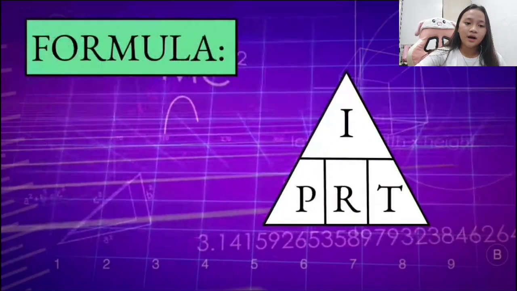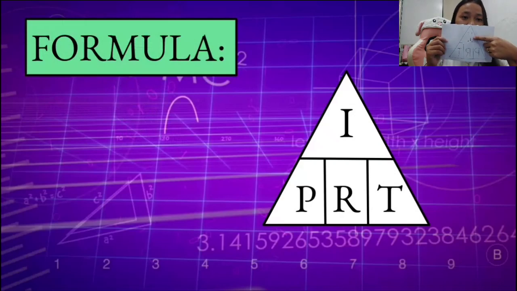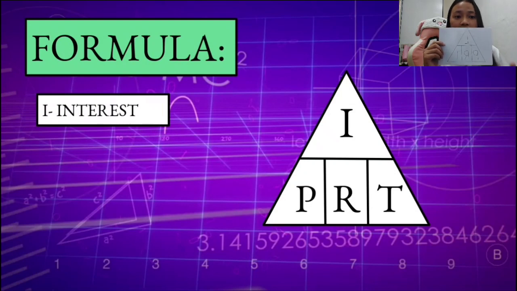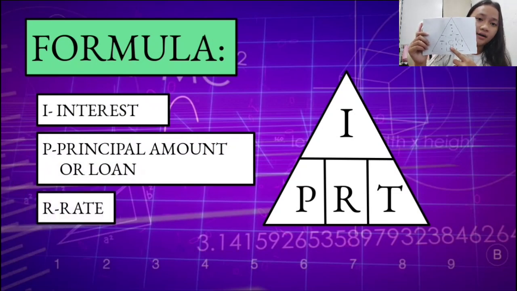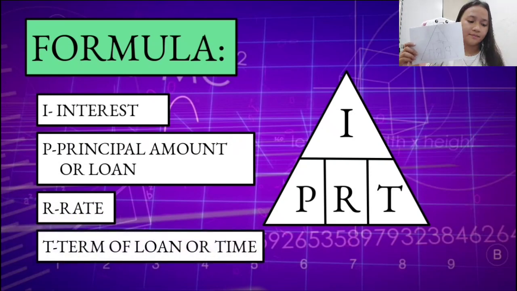This is the formula of simple interest. I is equal to P times R times T. To make it easy, I have a triangle here, where I refers to interest, P is the principal amount or loan, R is the rate, and T is the term of the loan or time.